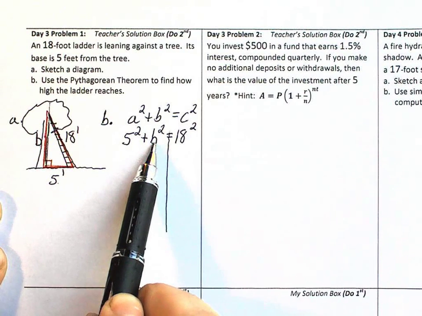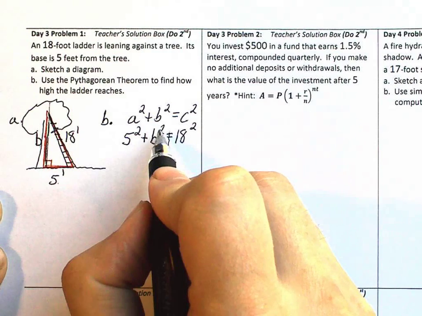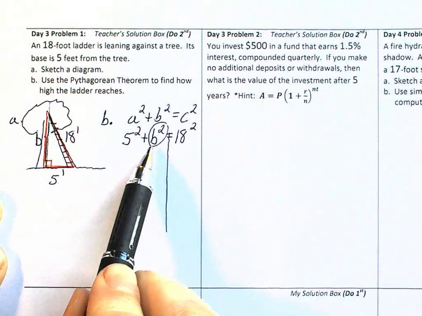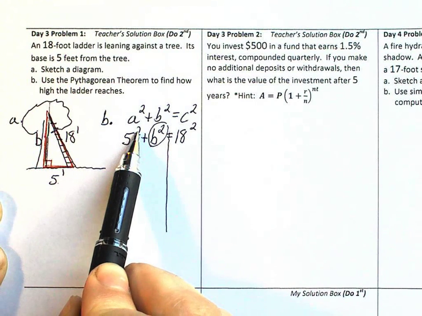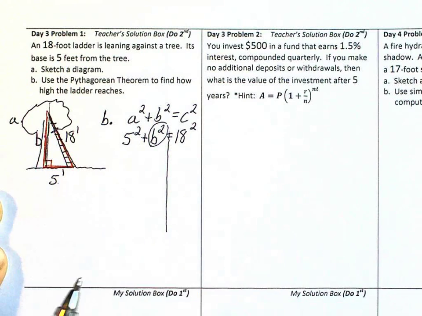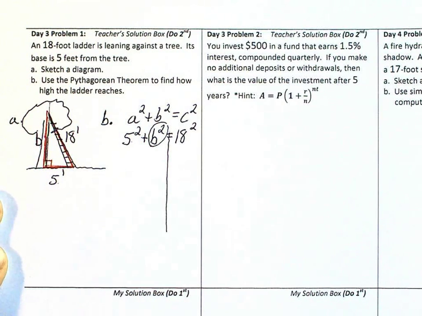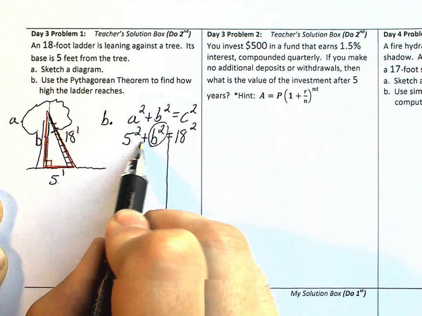We need to isolate the variable B. Here is the B term. And right now, next to the B term, a 5 to the second power has been added. We can remove the 5 to the second power using subtraction because subtraction is the opposite operation of adding.